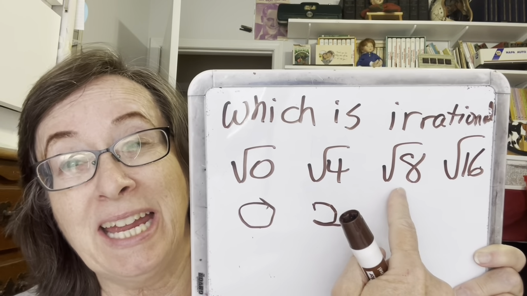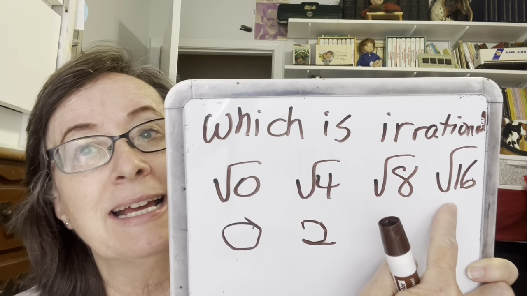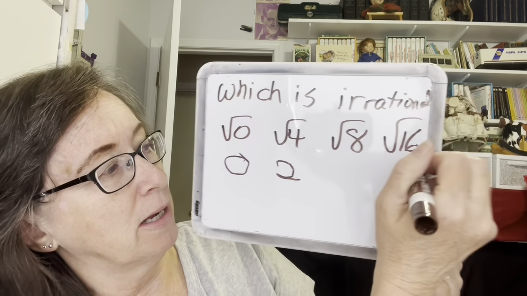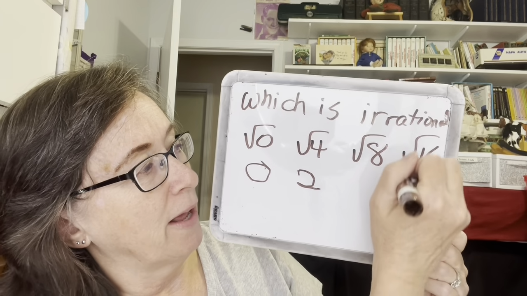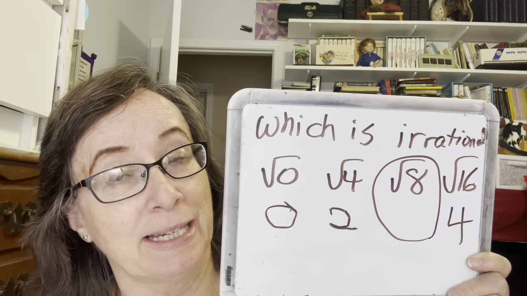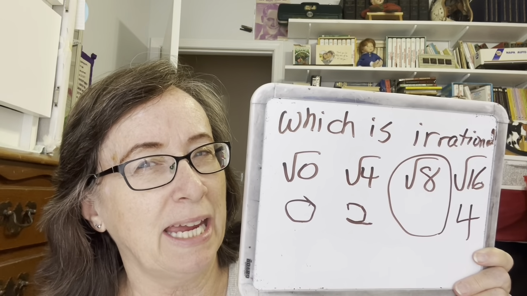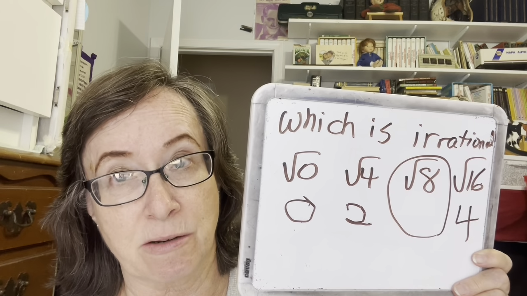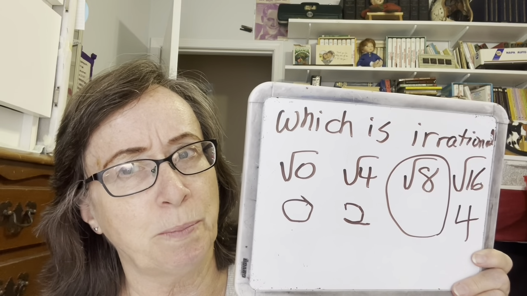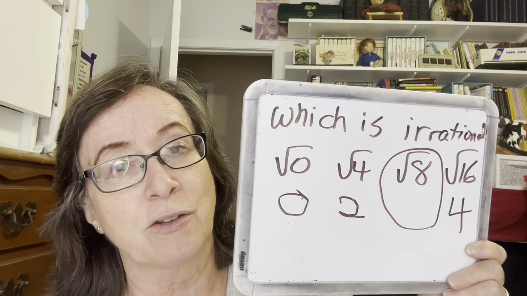Square root of 8, we're going to have to come back to that one. Look at this one, square root of 16. 16 is a perfect square, so the square root of 16 is 4. The only one that we can't come up with is the square root of 8. Now, square root of 9 would be 3. So the square root of 8 is going to be a little bit less than 3. It's going to be 2 point something, something, something, something, and it's going to keep on going forever. So the square root of 8 is irrational.